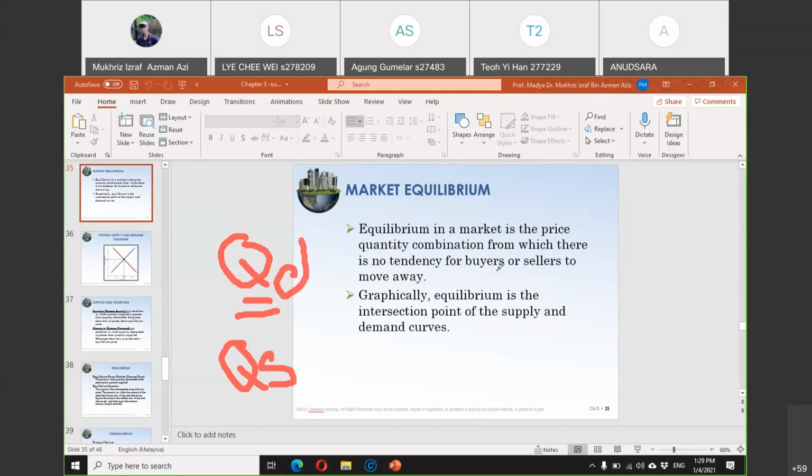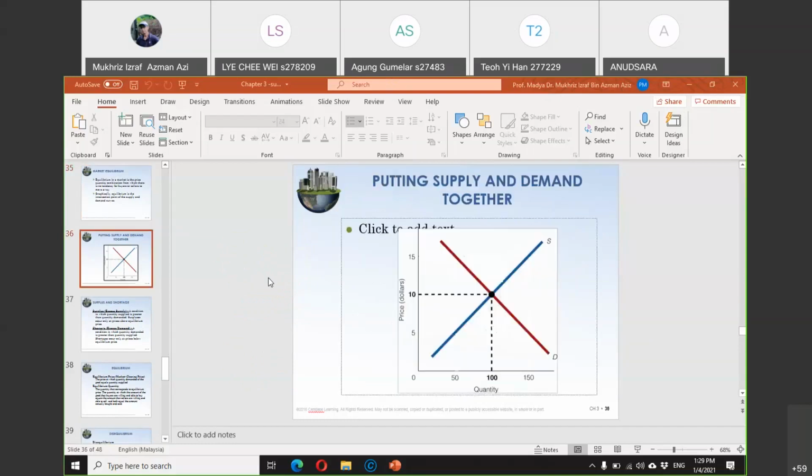So the word equal means equilibrium. Or when you plot the graph, it is when the two graphs intersect in the middle here. In terms of graphics, the two lines intersect, or in terms of mathematics, when the demand function is equal to the supply function.